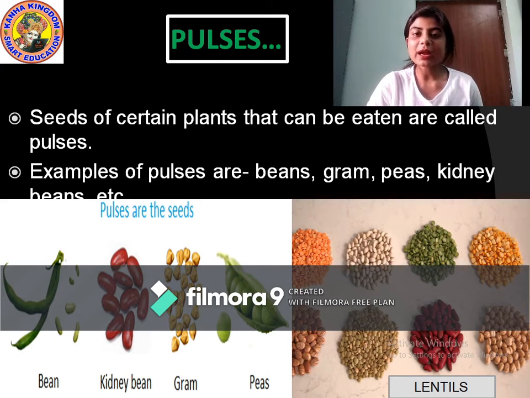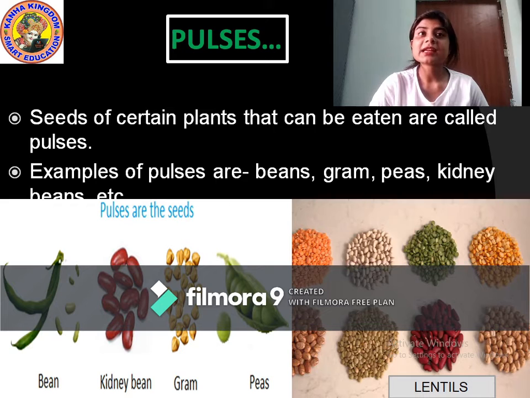Then now students, what are pulses? What do you mean by pulses? Pulses are the seeds of plants. Seeds of some plants, those are pulses. Seeds of certain plants that can be eaten are called pulses. What is written there?